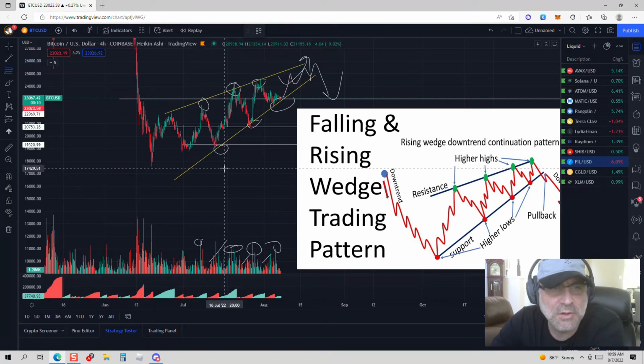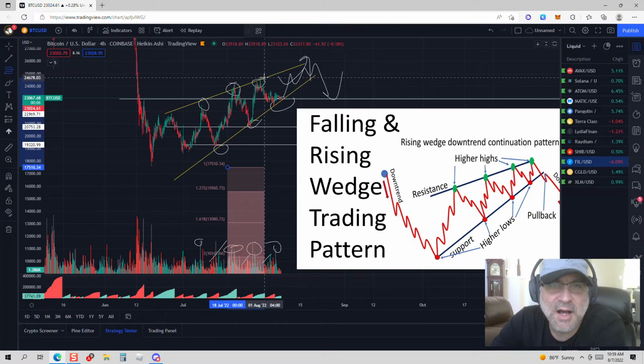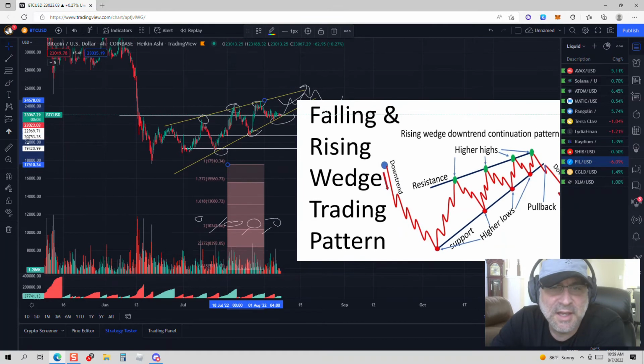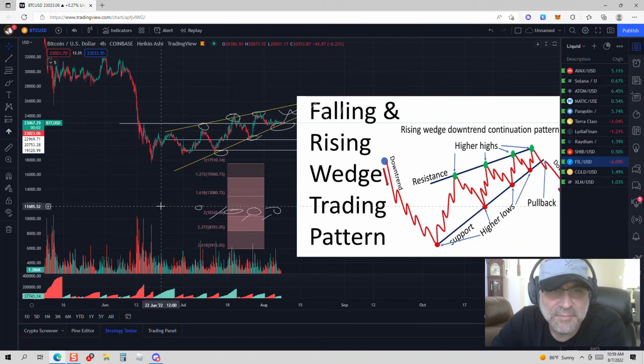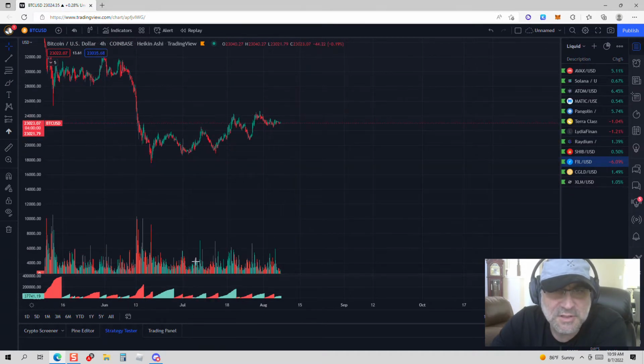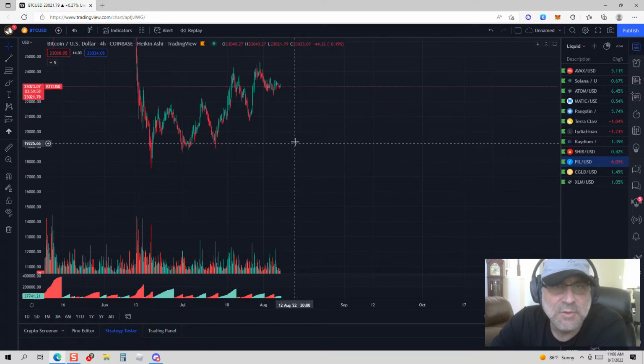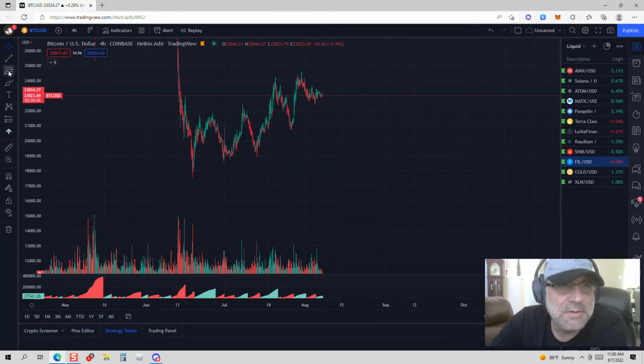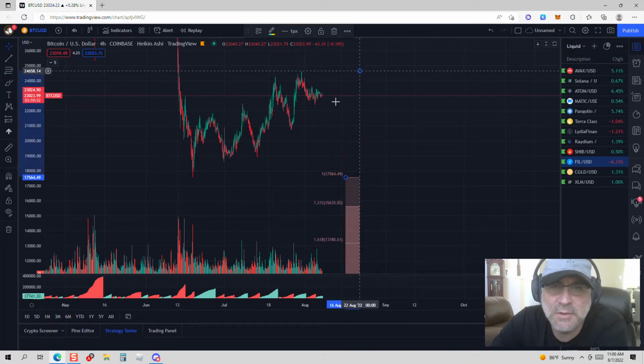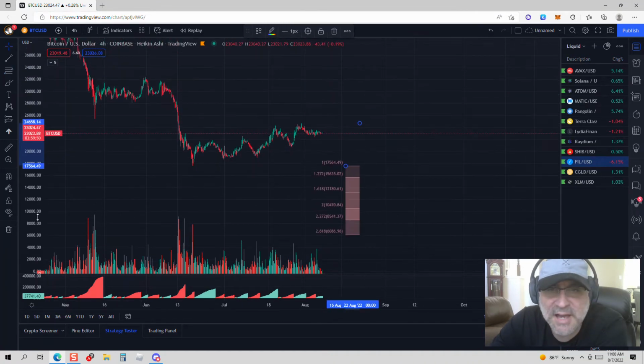If we just do a quick Fibonacci retracement, we'll measure the highs and the lows here. And you know what? Let me get rid of all this first, like that. And then we'll measure the high and the low to get an idea of how far down we can go. So there's a retracement ladder here.